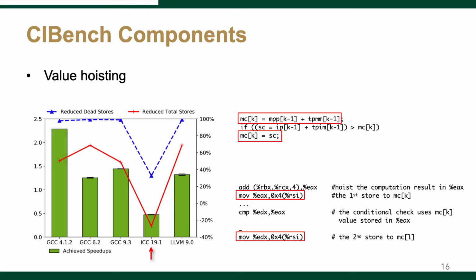ICC does not yield any speedup, instead it shows a slowdown. The reason is that our optimization hurts its loop vectorization. So for the ICC compiler, a better way is to use the keyword restrict, which will avoid producing dead stores and generate better vector code.